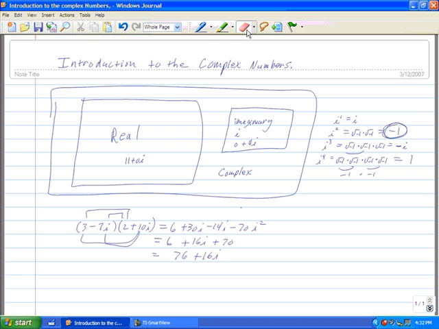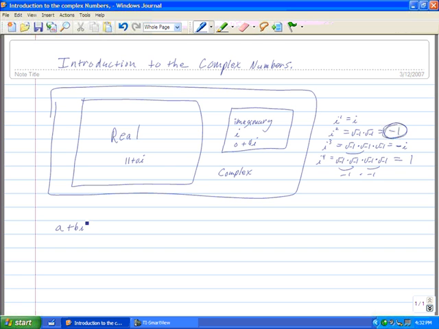Now, there's another issue with the complex numbers we need to be aware of, and that's something called a complex conjugate. It's a pretty simple idea within itself. If you have a complex number in the form a plus bi, its conjugate is going to be a minus bi, and therefore the conjugate of a minus bi is a plus bi.